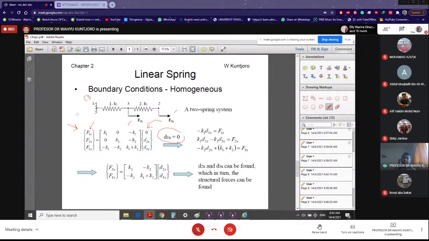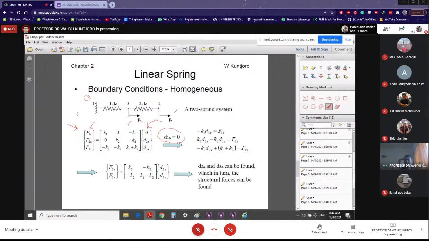It might not also be zero. Depends after your analysis. What you cannot do is you declare that f1x is zero. I hope you understand these sentences that I speak out just now.